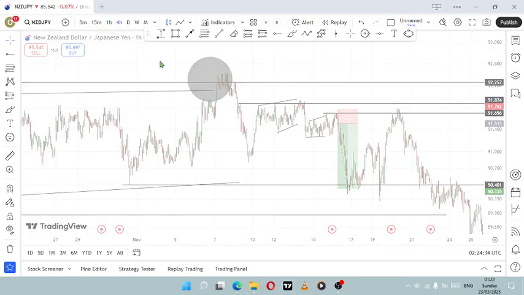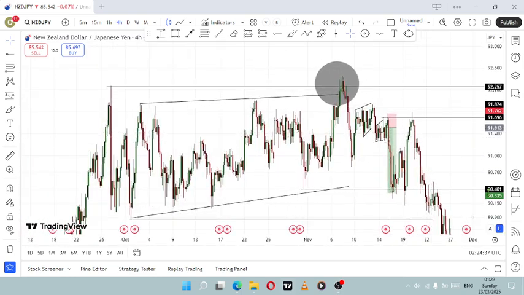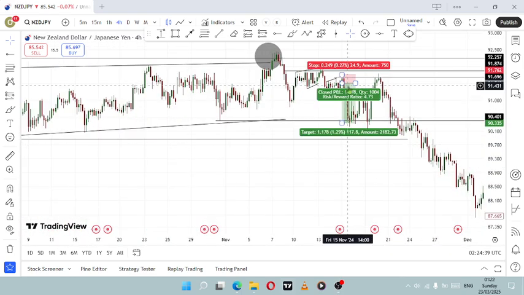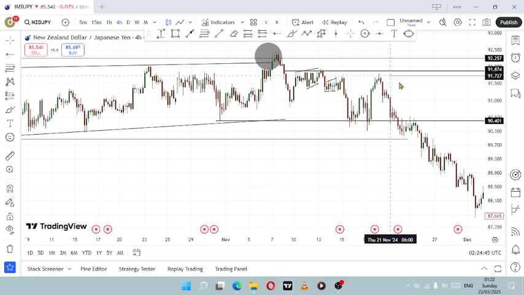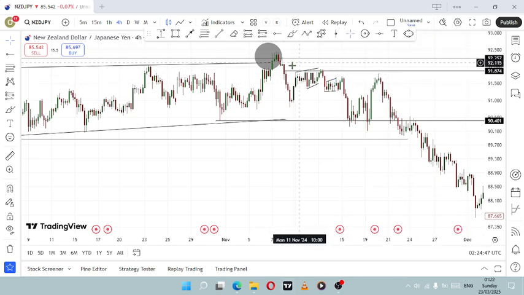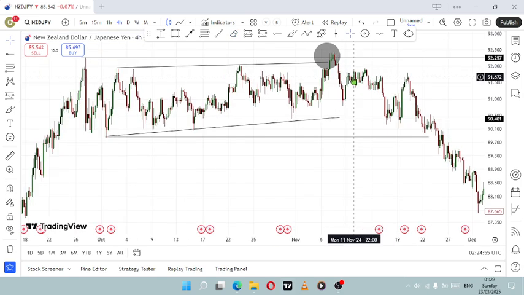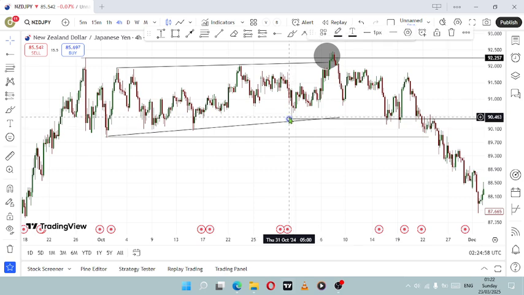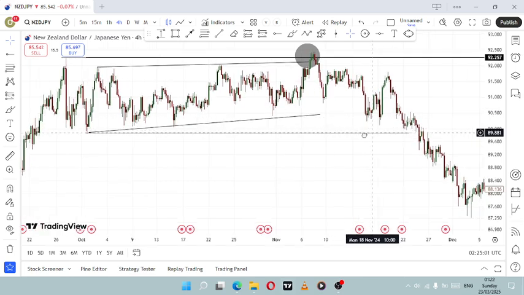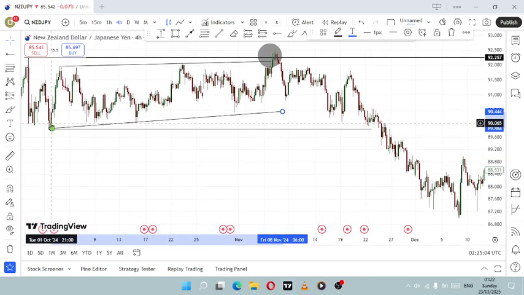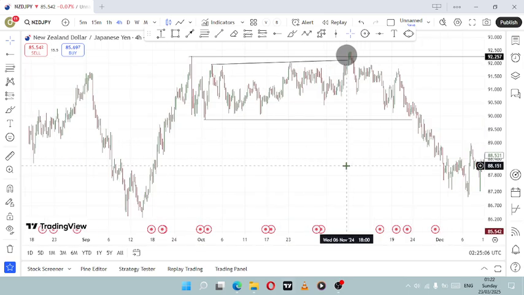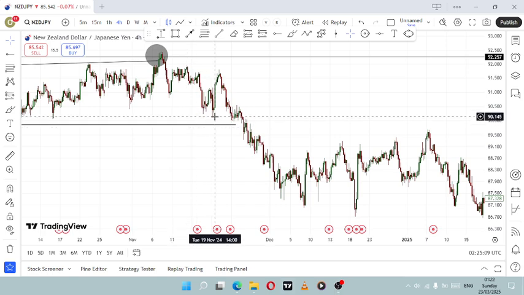Let's go back to the chart. So when this happens, price moves to at least lose here, and then price is correcting.